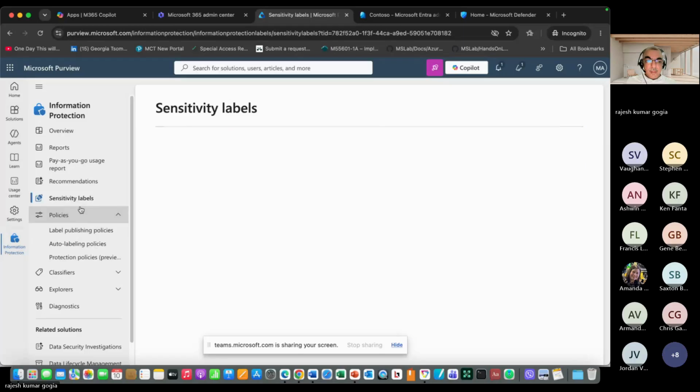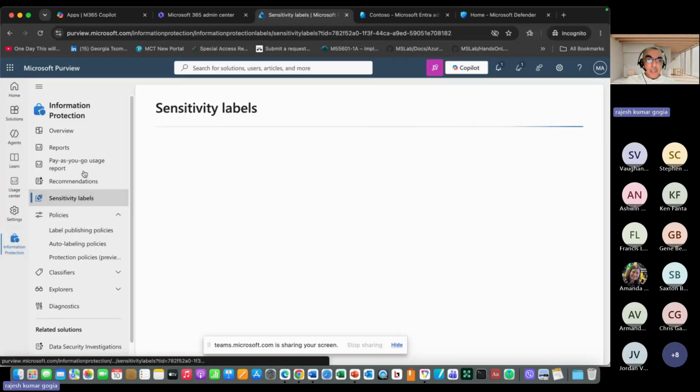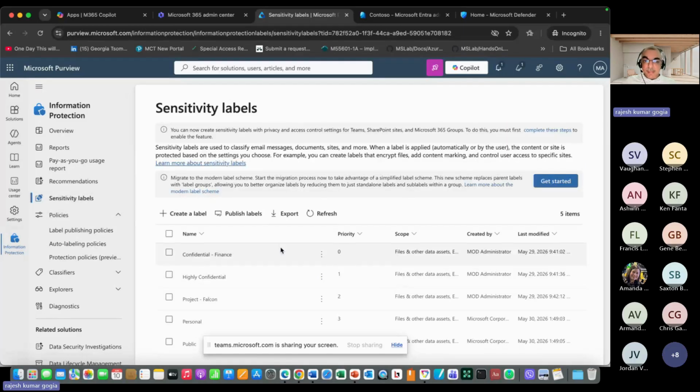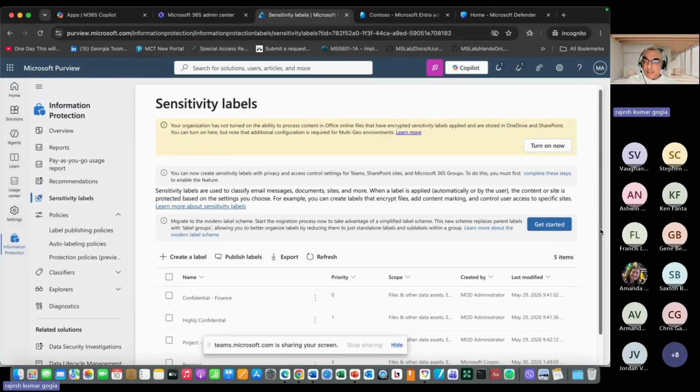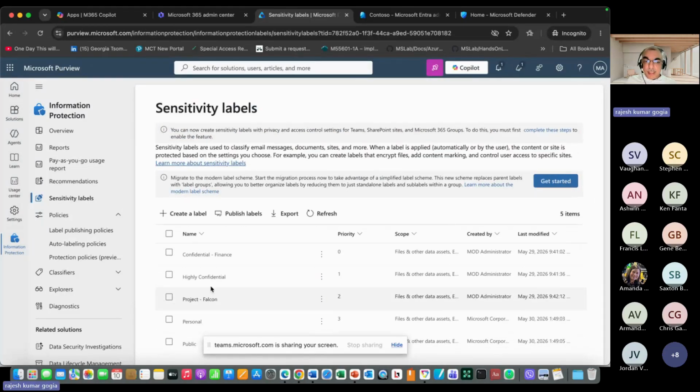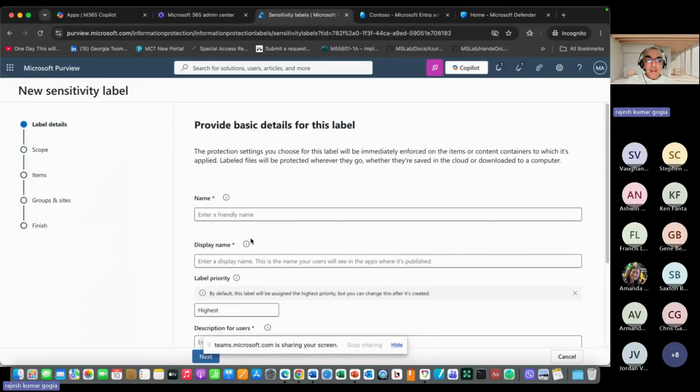And from here itself, you can set up the policies. See, first of all, you can manage, there it comes. So let's say, for example, you've got labels like confidential, highly confidential, project based, personal based, and you can create your own label as well. And plus you can define the scope.